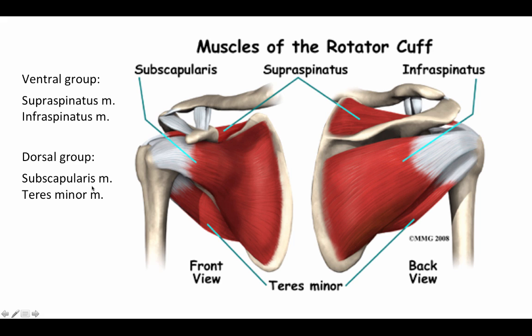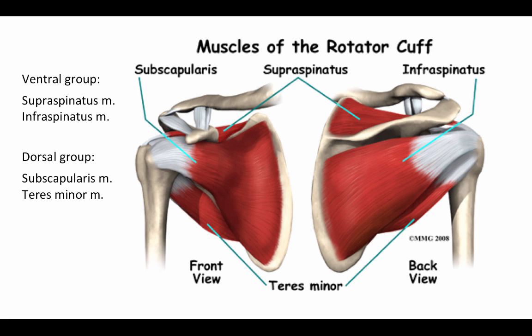And then also confusing because of this rotation of the scapula, the subscapularis, which again you saw on the ventral surface of the scapula on your cat, is actually derived from the dorsal group. And this is just because we saw that some of the dorsal muscles came and attached anteriorly onto the scapula, and then when the scapula rotated, it ended up being the ventral surface of the scapula.